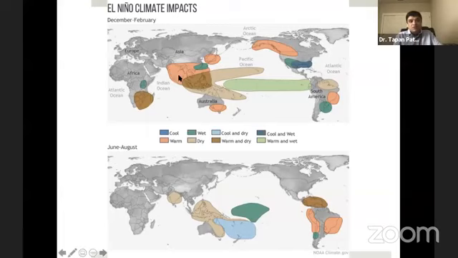You also see India here, and during El Nino in the December through February time frame, winter is expected to be warm.